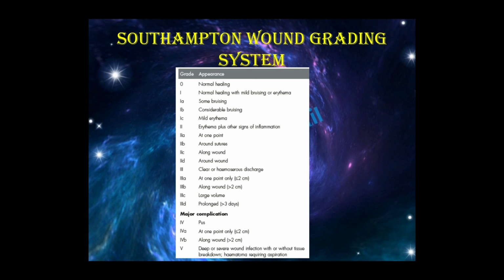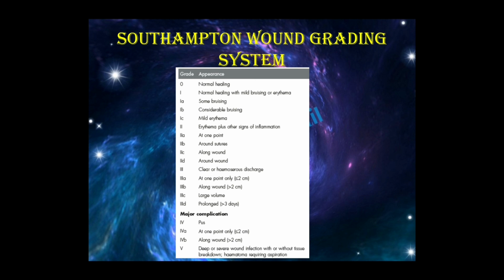Grade 3 is usually a wound infection, and the patient has to be treated with higher antibiotics or a change of antibiotics. Major complications are usually pus formation and hematoma formation. If a hematoma forms, such a patient will definitely require some surgical intervention.